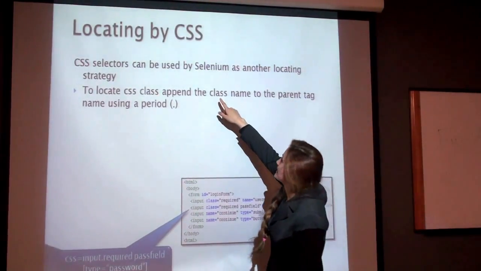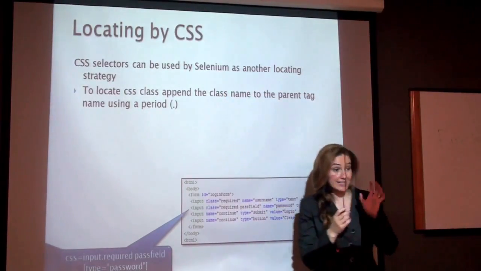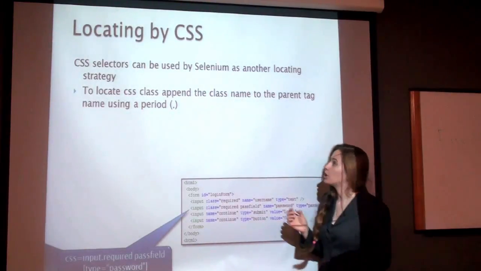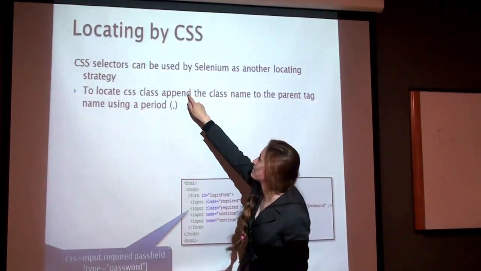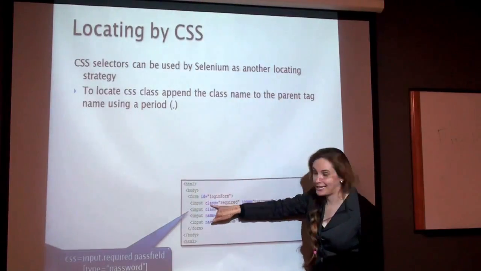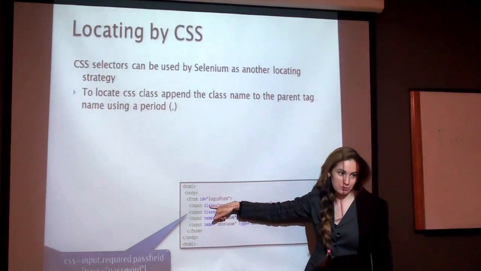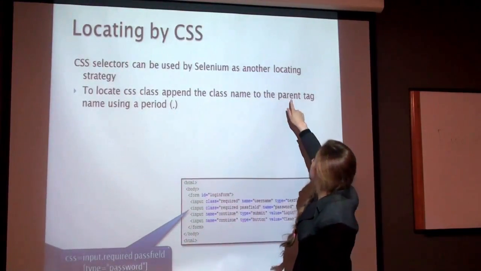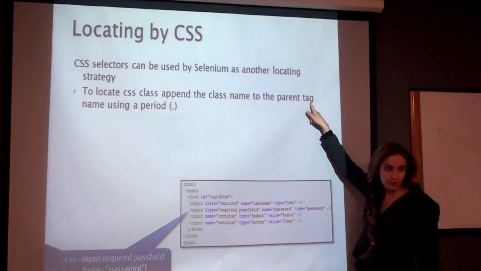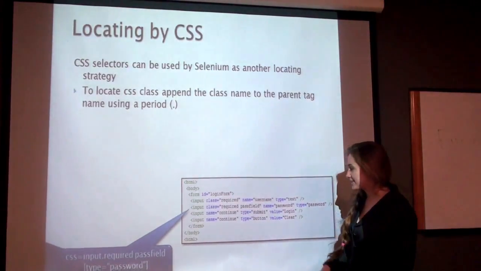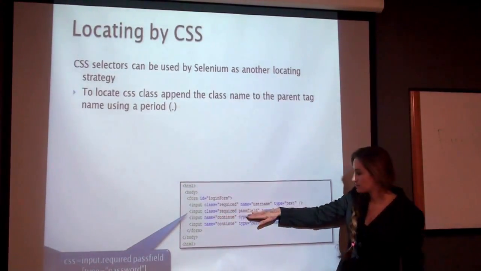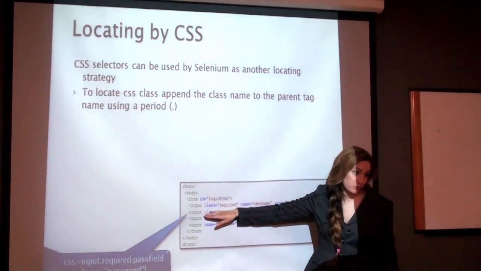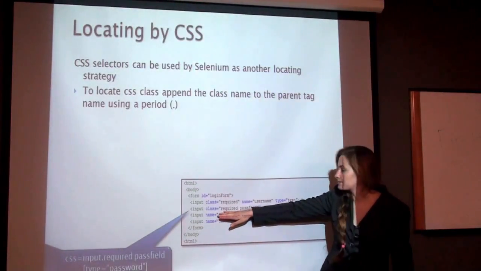Now what this is saying is that we can actually use a class as a way to identify the element. The way to do that is to append the class name, so not the attribute name but the value of the attribute, using a period to the name of the parent tag. Make sense? So let's look at this guy. What's the class? Required pass field, right? That's the class.